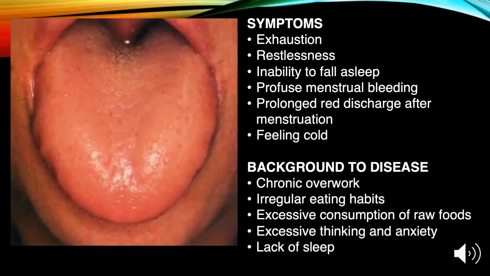Symptoms: exhaustion, restlessness, inability to fall asleep, profuse menstrual bleeding, prolonged red discharge after menstruation, feeling cold. Background to disease: chronic overwork, irregular eating habits, excessive consumption of raw foods, excessive thinking and anxiety, lack of sleep.